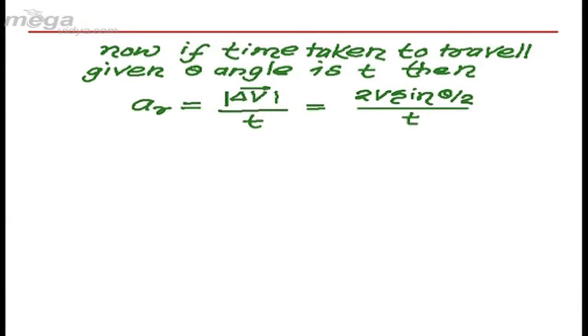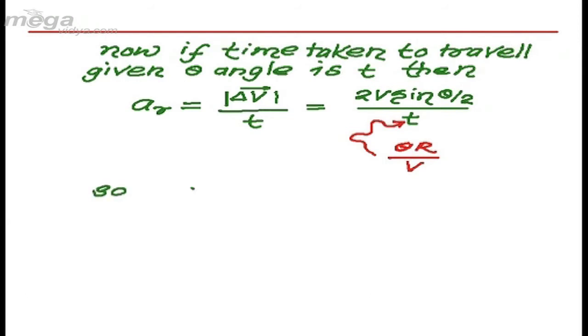This t can be written as theta into radius, the arc length, and the tangential speed is v. Then this time taken t in travelling theta angle can be written as theta r divided by v.